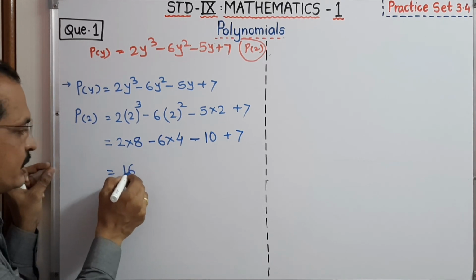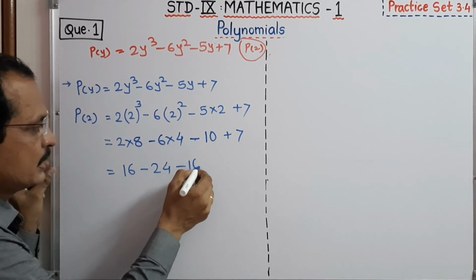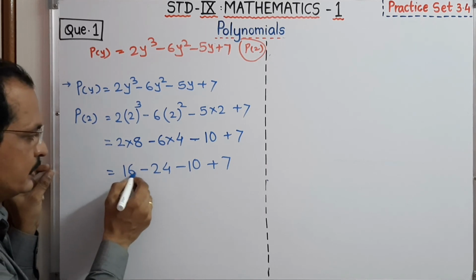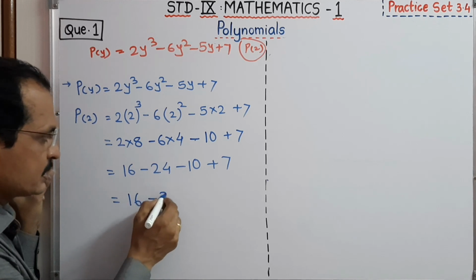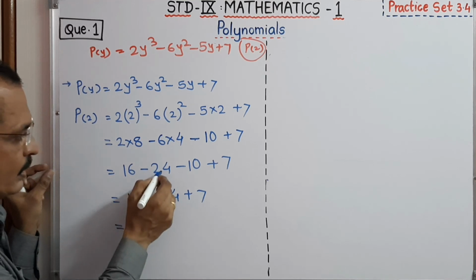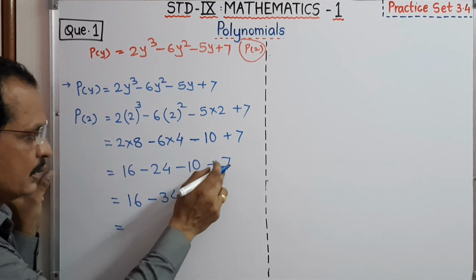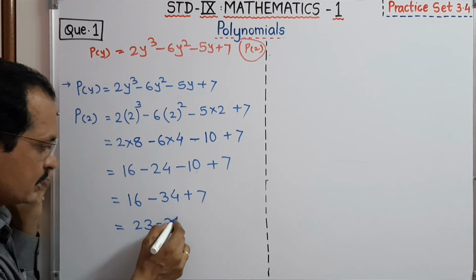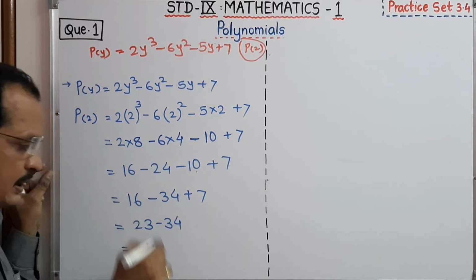Therefore it is 16 minus 24 minus 10 plus 7. Now see here. Here it is 16 minus 34 plus 7. 24 plus 10 is minus 34. This 16 plus this 7 as it is. It is 23 minus 34. Now here it is, dear student, minus 11.